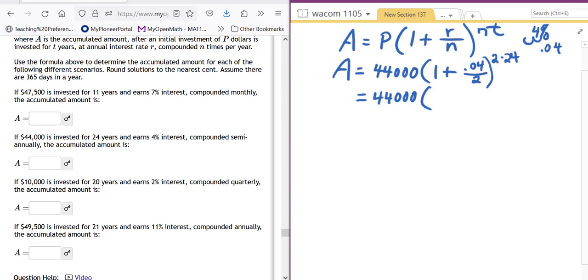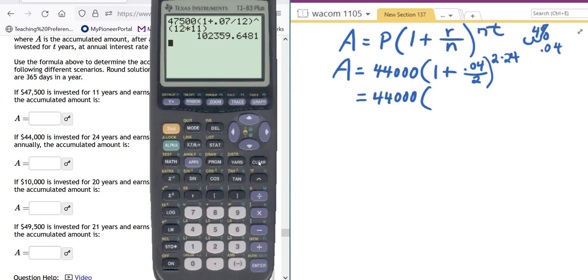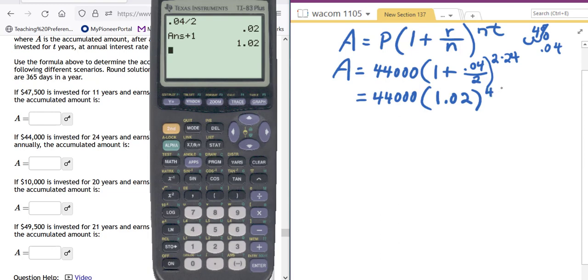And I would do this starting with the fraction, 0.04 divided by 2, enter, plus 1, enter. That takes care of your parentheses. 1.02. All right, and I've already figured that out would be 48.